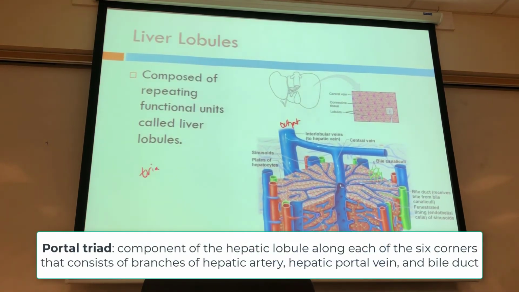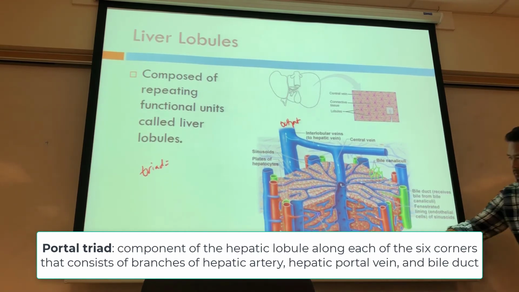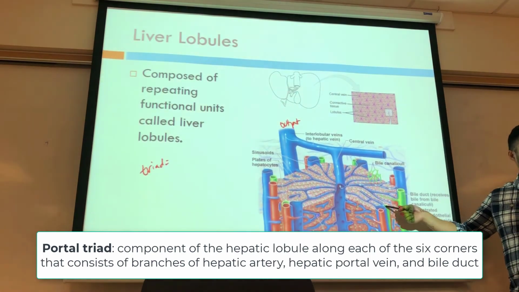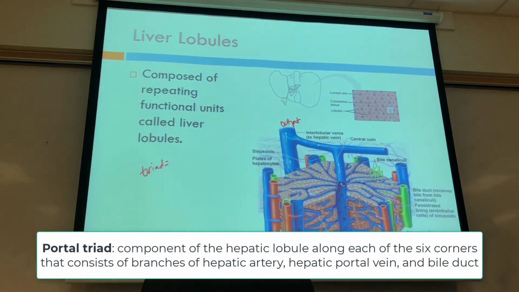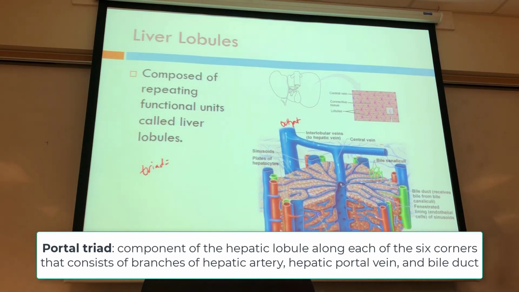If you read about the triad, it will tell you about the portal venule, our portal arteriole, again, branches of our input of blood, and then the last will be our bile duct for the purposes of producing bile. So these three are typically together on each of the sides of that hexagon.